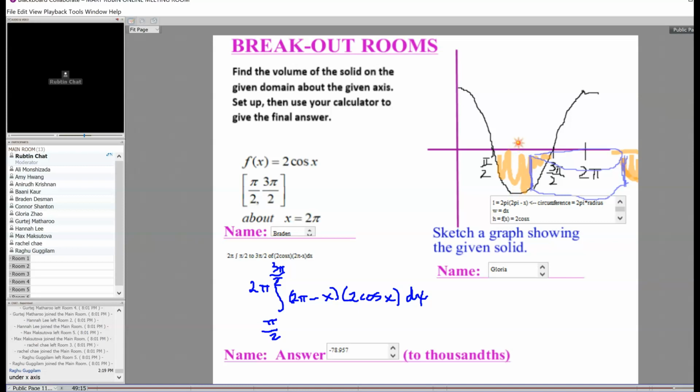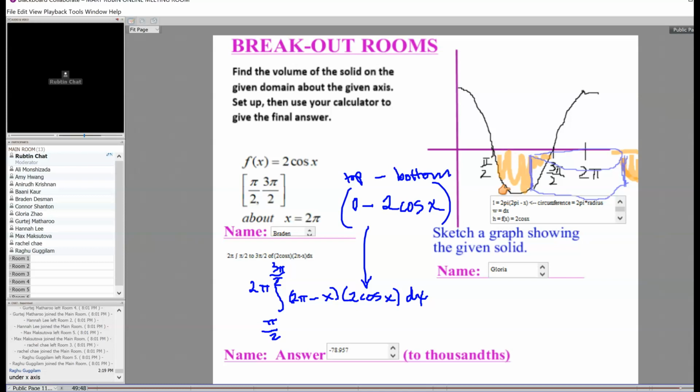Now, the real thing that you need to realize is that you're looking at this as a distance. So you could say, okay, from 0 to here, and really call this height, instead of just 2 cosine x, say it's the top curve minus the bottom curve. So this is top minus bottom. See what I'm talking about?